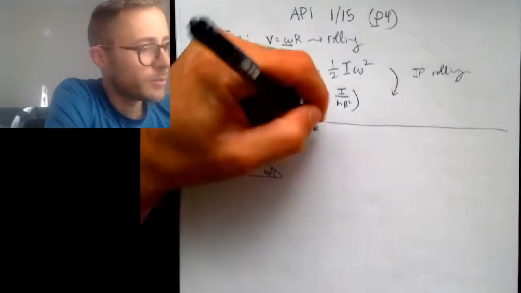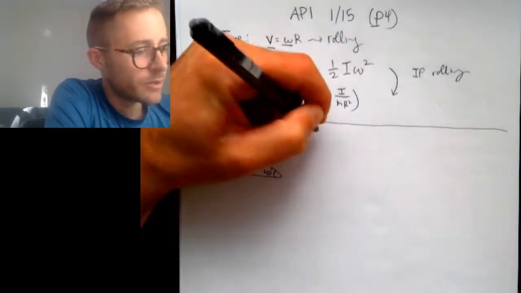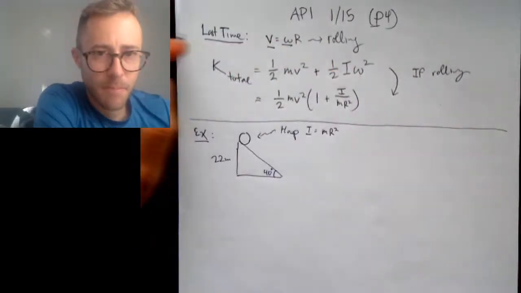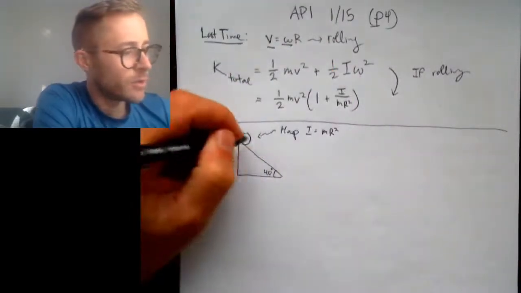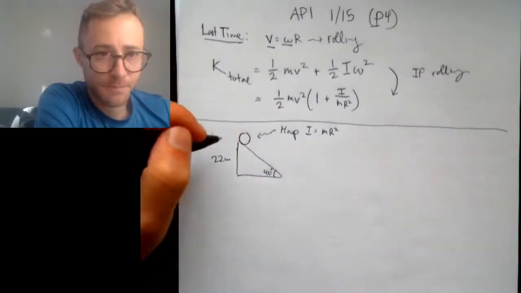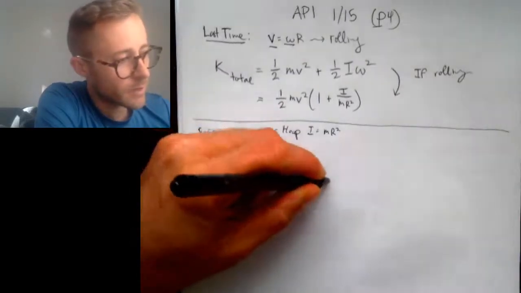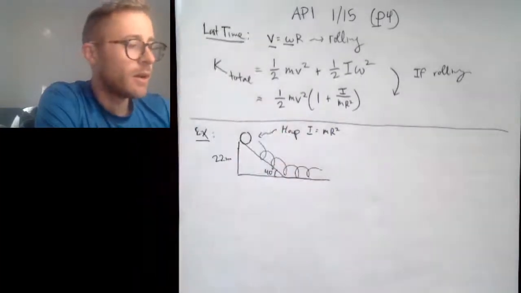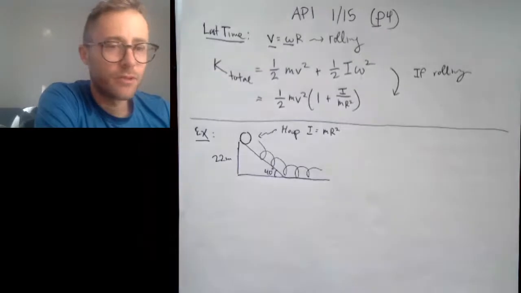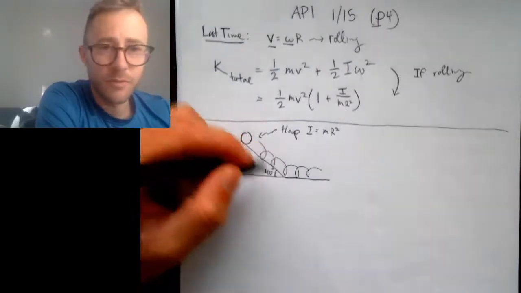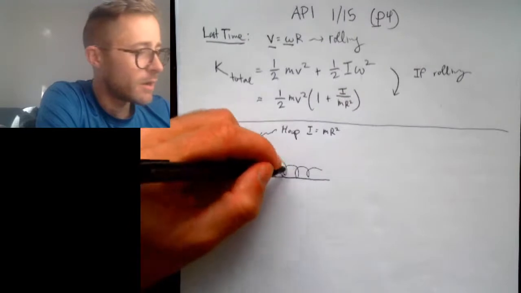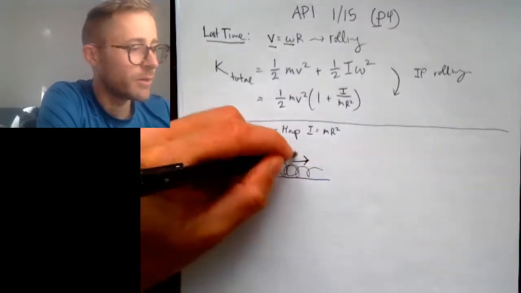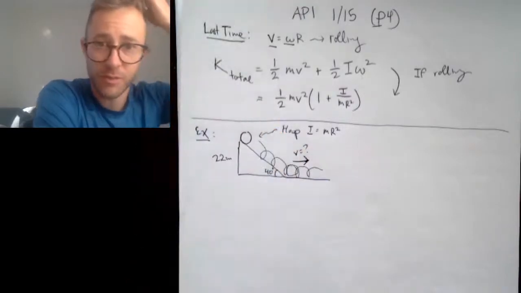Hoops have an inertia that is just simply mr squared. The hoop starts at rest, and it rolls down this hill. First of all, let's figure out its velocity at the bottom of the hill. How fast is it going once it gets to the bottom of the hill? Then we're going to extend the problem.